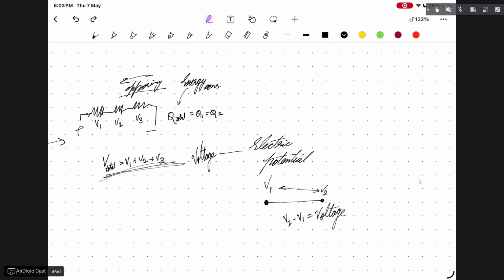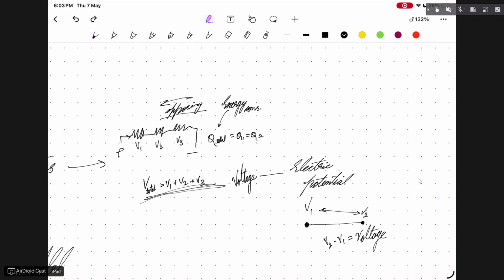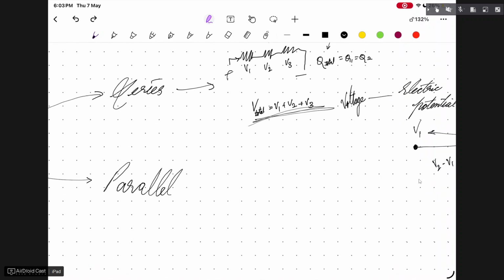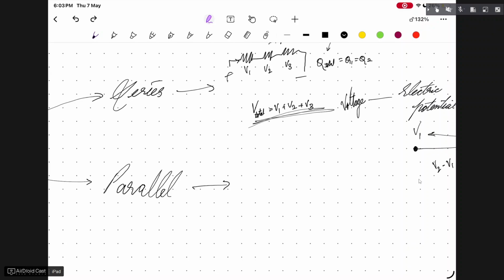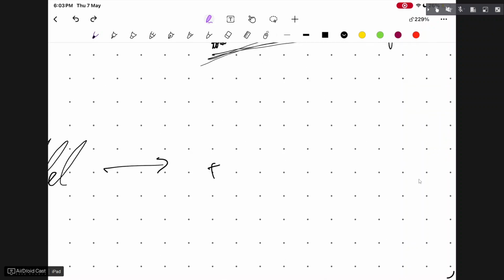Now, this will remain the same in series. But when it comes to parallel, what happens here is that this point A is just the flipped version of the top one.